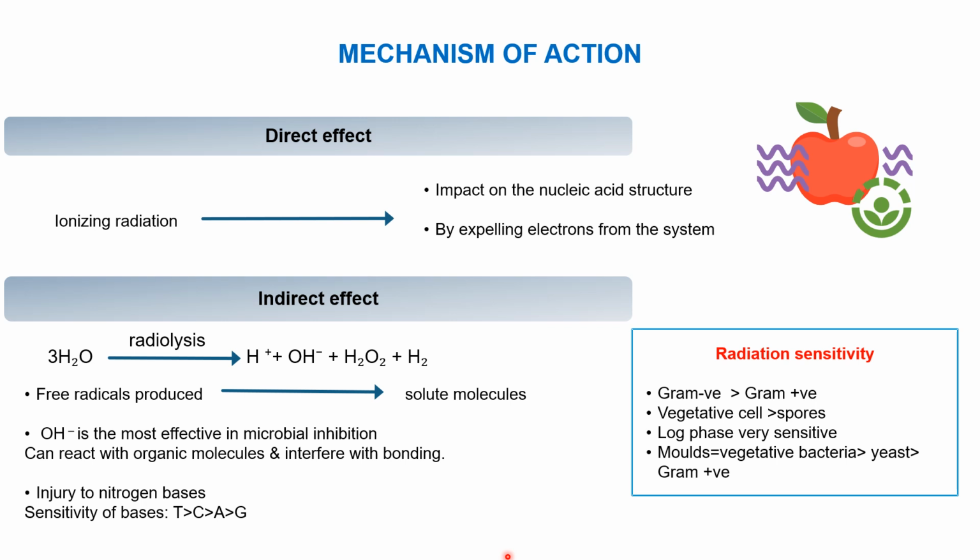Third, in log phase, the cells are more sensitive to irradiation. Log phase is a phase wherein cells actively multiply and reproduce. So if all the energy is used by the cell to adapt to a new environment, there is nothing left for reproduction. That's why in log phase, they are very much susceptible to death.